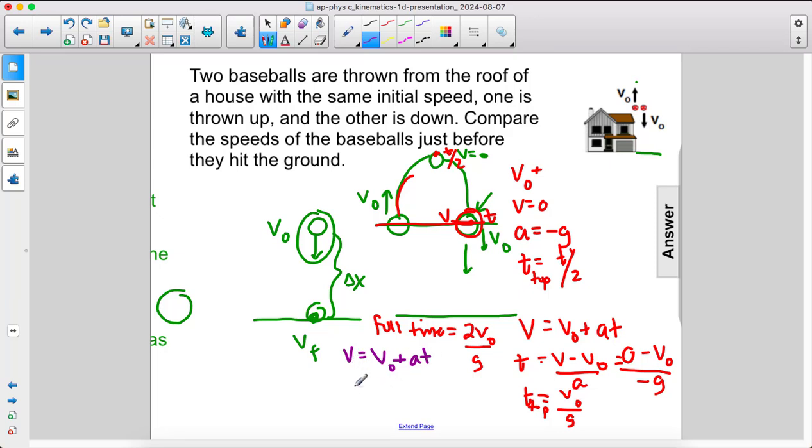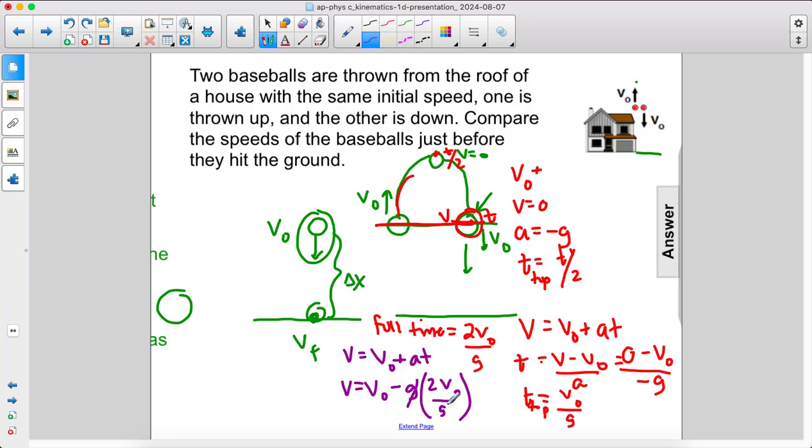So we're solving for v. We know v naught is just v naught. We know that the acceleration of any object in free fall is negative g. Now the time it takes to do that full path from here to there is 2 v naught over g.